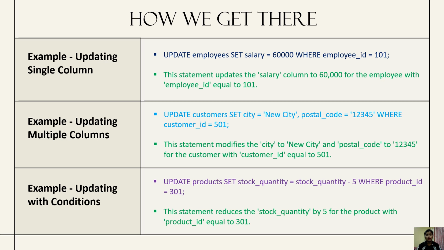If there are many things to be updated at one point, we update multiple columns, for example UPDATE customers SET city to New Delhi and postal code to 12305 WHERE ID is 501. So a specific ID is given, for which we need to update the two values. Next is update with conditions. Similarly, we have a WHERE condition with which we can update.